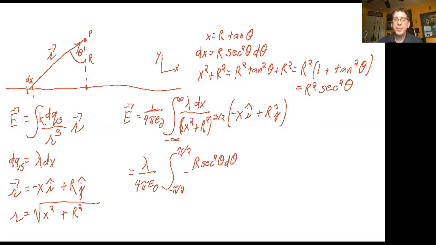divided by, and so here's where it gets interesting. We have R squared secant squared of theta, and we're taking that to the 3/2 power. So that becomes R cubed secant cubed theta.